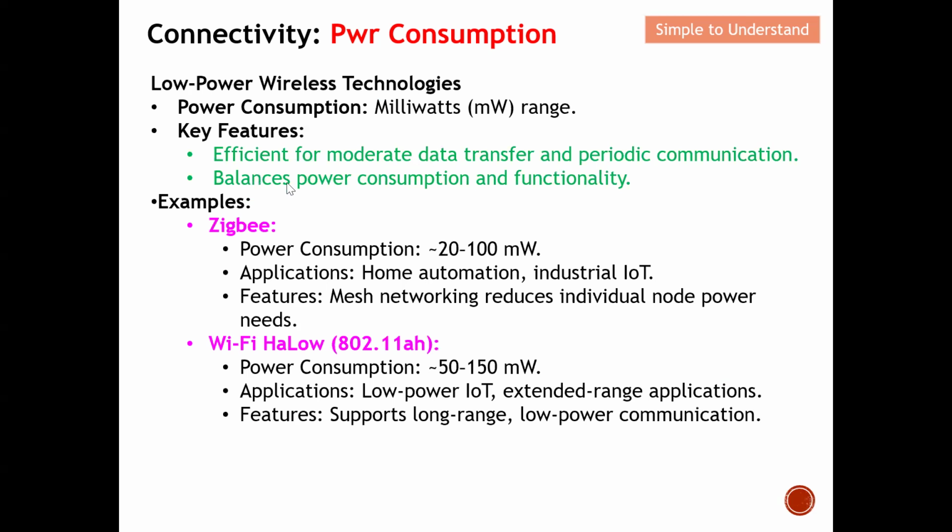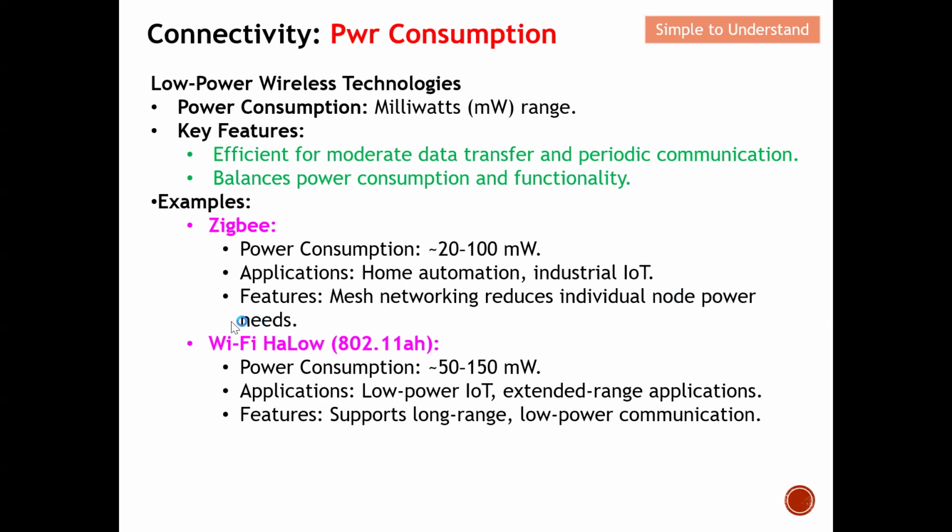The key idea is that they balance the power consumption and the functionality. One example will be Zigbee. Zigbee power consumption is around a maximum of 100 milliwatt. By now you should know that Zigbee is popular for home automation and for some industrial IoT deployments also. The key feature of Zigbee is that it allows a mesh network. In fact, Zigbee is the pioneer for mesh networks, and it also reduces the individual node power needs.